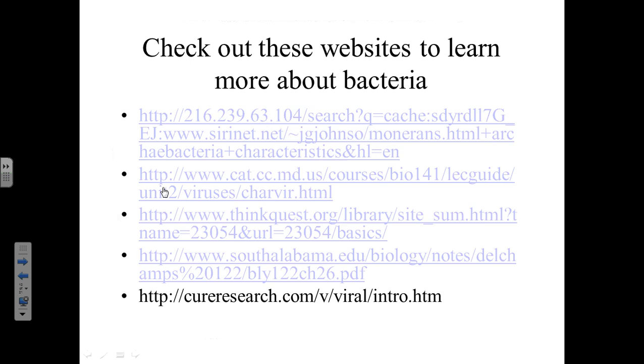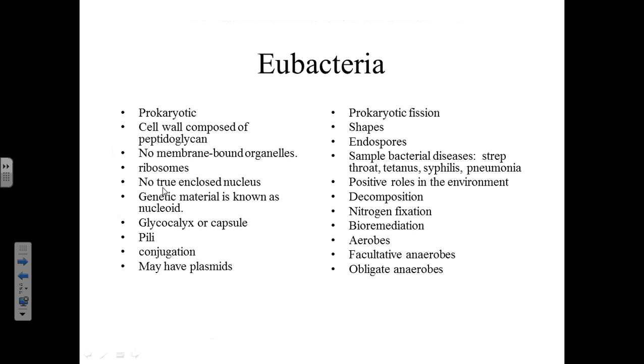Okay, we also talked a little bit about eubacteria, regular bacteria, true bacteria. They're prokaryotic. We talked about that in class today. They have a cell wall, mostly made out of this stuff, which is what? Peptidoglycan. Peptido means protein. What does glycan mean? Sugar.